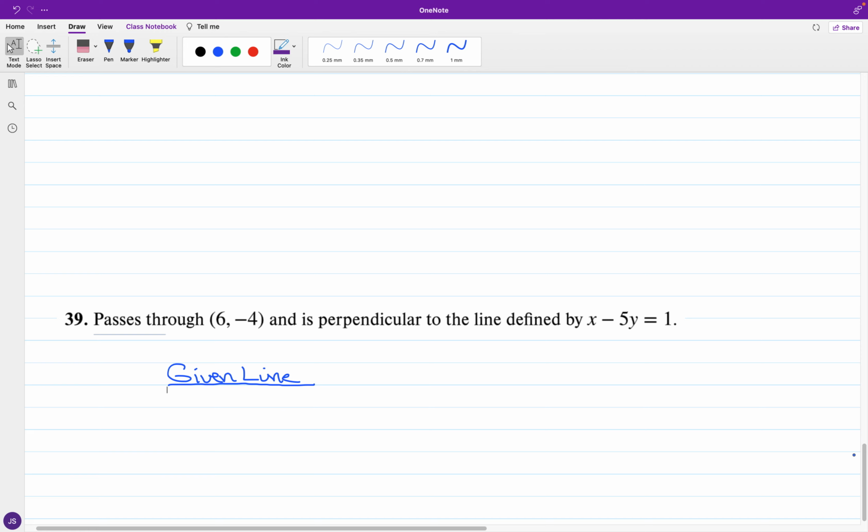okay, so you have for that standard form, okay, so you have x minus 5y is equal to 1.